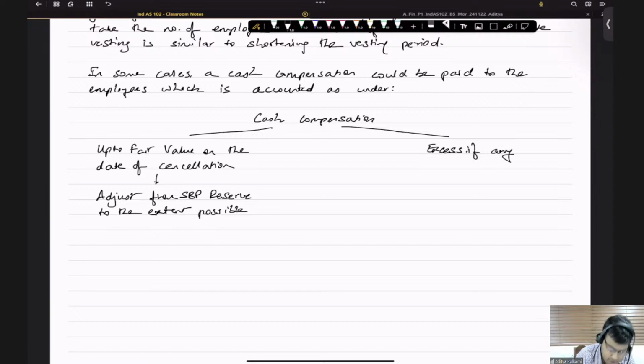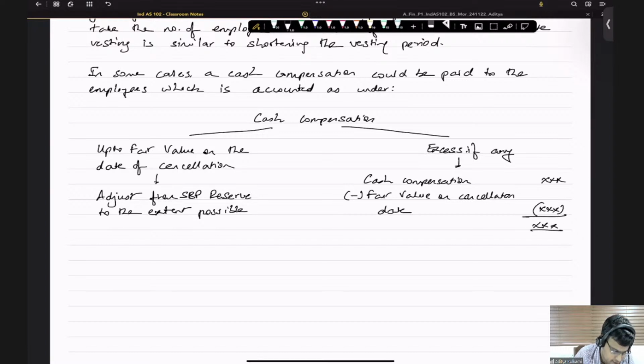Excess, if any, cash compensation less fair value on cancellation date.